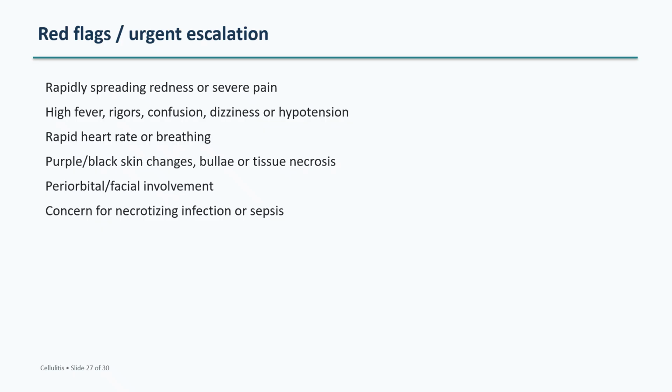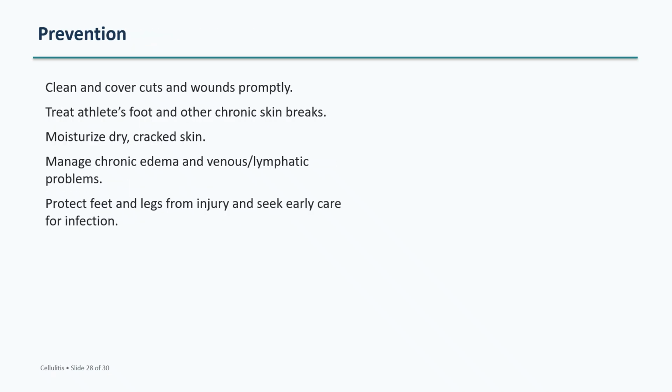the critical condition. Here we will see how to prevent the disease. For prevention, we have to ask the patient to cover their cuts and clean their wounds promptly. If anybody has athlete's foot, they should get treated for that.